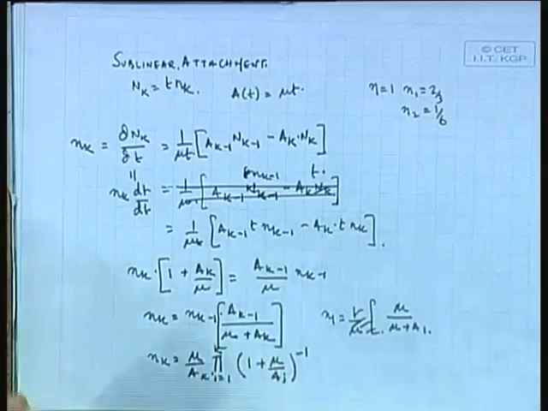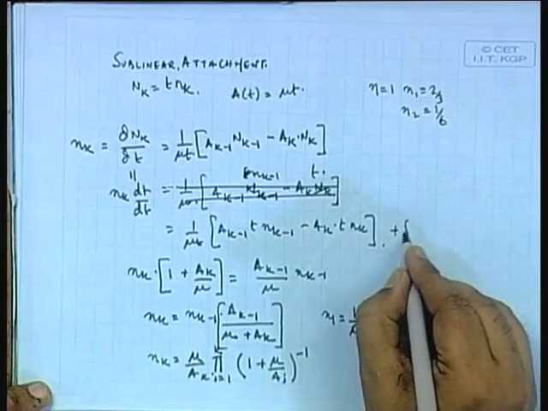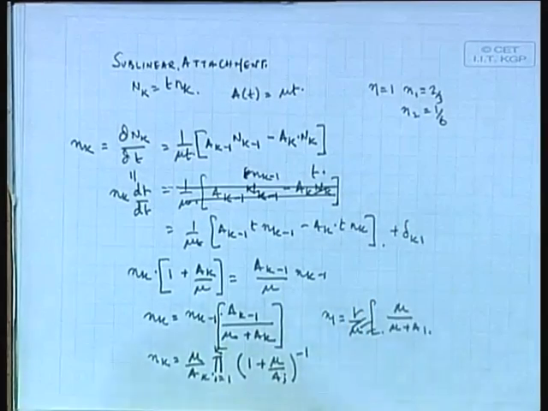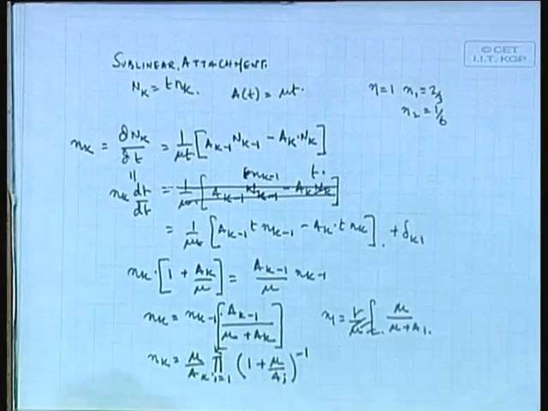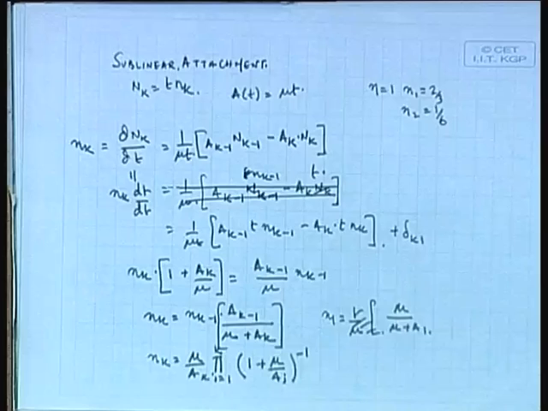I just did this where I have this function, and for n_1 it will come, you can just check it, and so we get n_k is equal to this function.